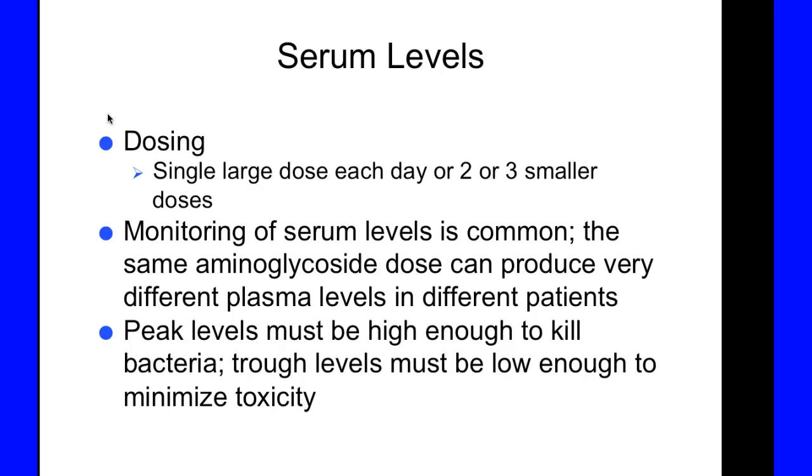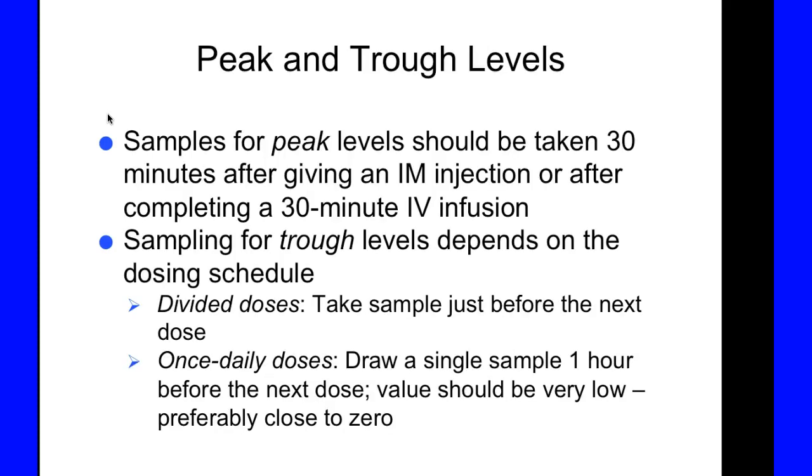When we do peak levels, a peak level means that you draw it a couple hours after it's given, or a certain amount of time that the pharmacy says to draw it. Samples for peak should be taken 30 minutes after giving an IM, or completing a 30-minute IV infusion. Sampling for trough levels depends on the dosing schedule.